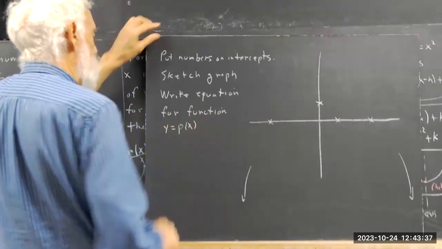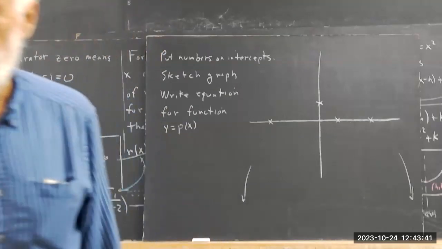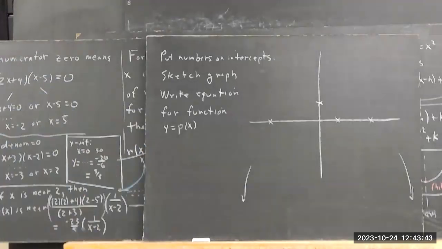Then, for the function y equals p of x, write the equation for that function. If you can do that, you've got a pretty good handle on most of the polynomial stuff.